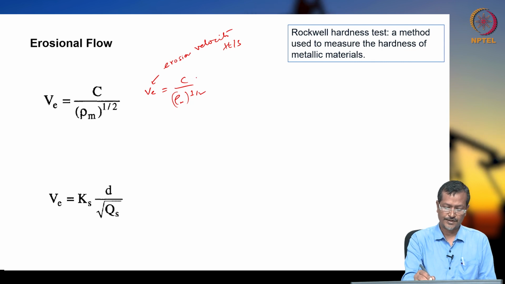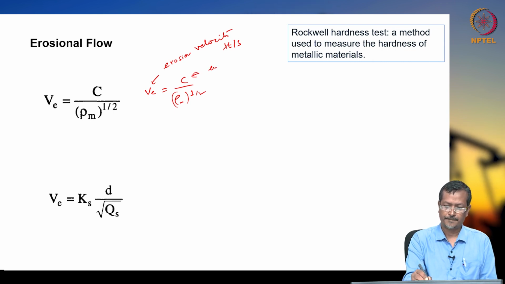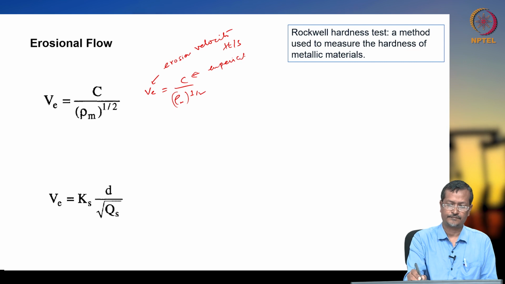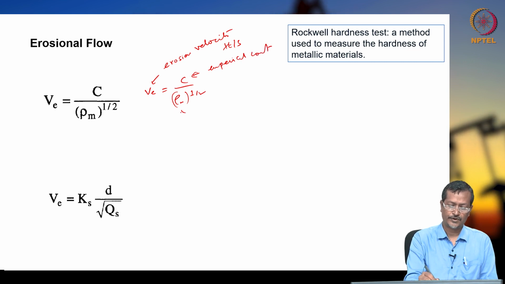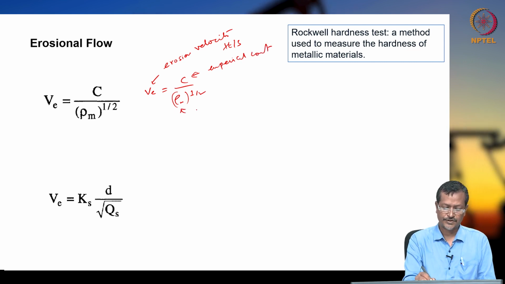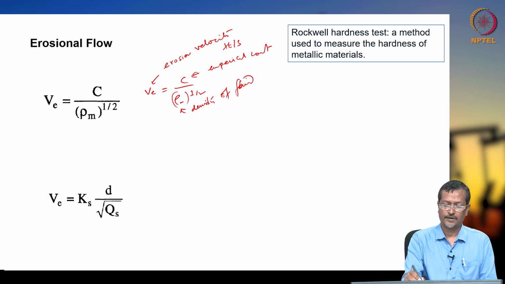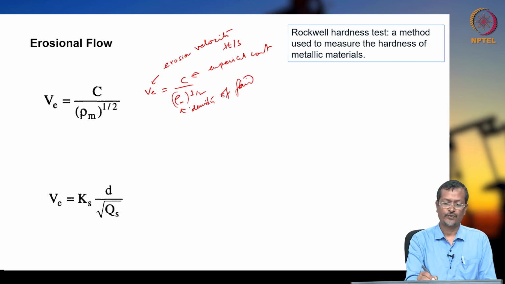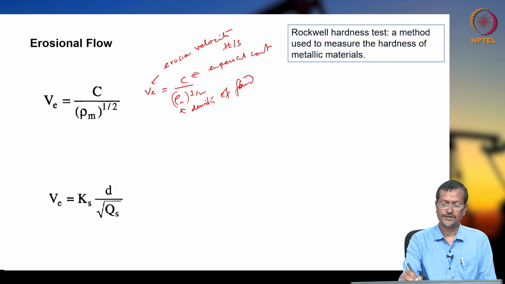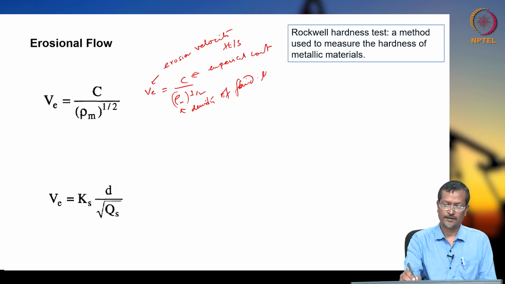C is an empirical constant. Rho m is the density of the fluid. Normally it is used for two phase flow, that is why rho m is given. So the average density of fluid will be used, in lb per cubic feet.